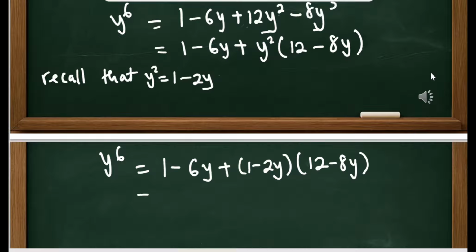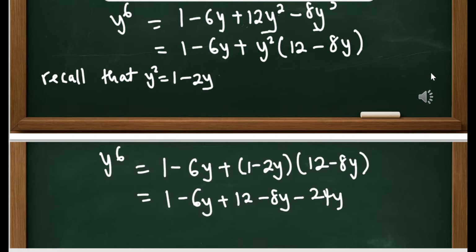And here, this can further be simplified as 1 minus 6y plus 12 minus 8y minus 24y plus 16y squared.